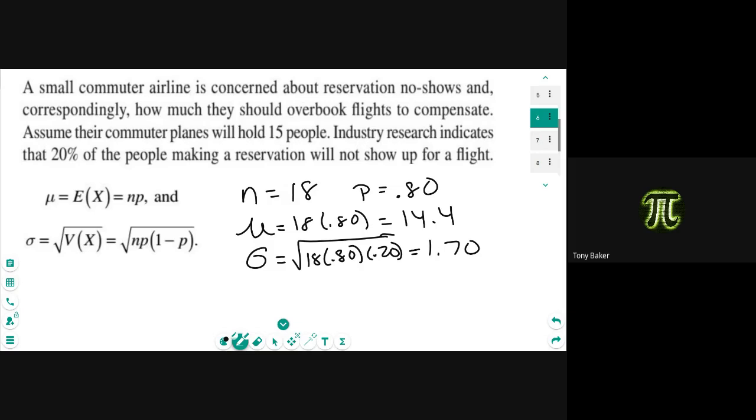Expected value is what we would expect to happen with this probability, which is in essence your mean, because that's the most likely thing to happen. So mean and expected value mean the exact same thing in these situations. That's why we don't need to use E of X. We can look at it as just mean.